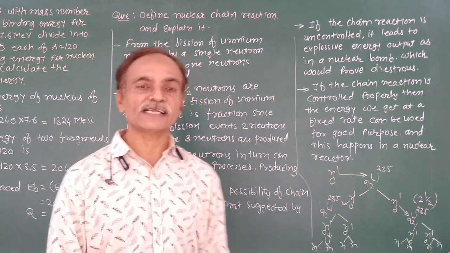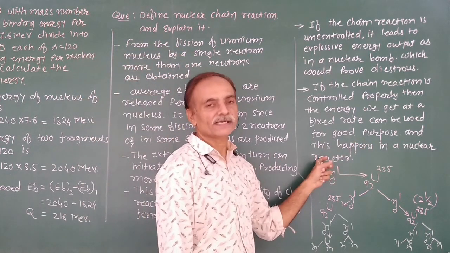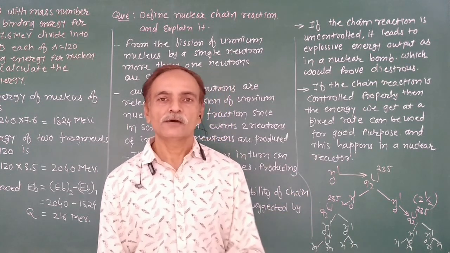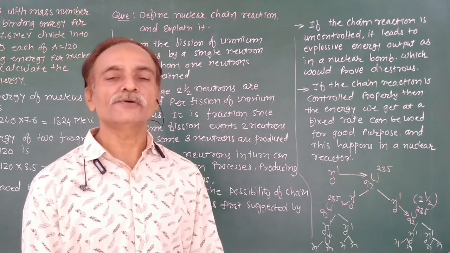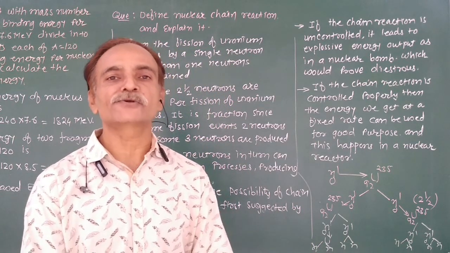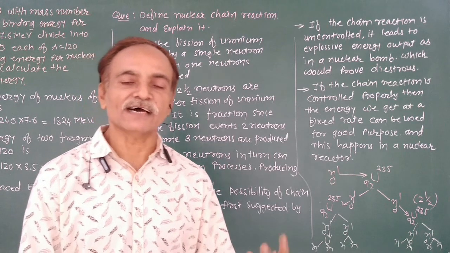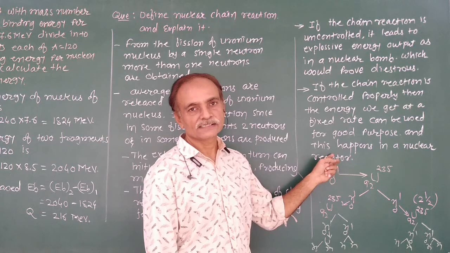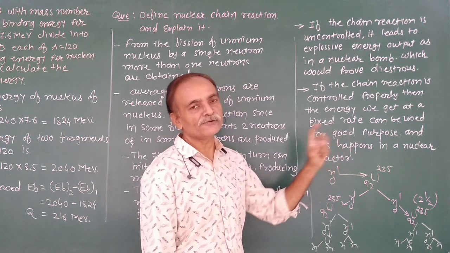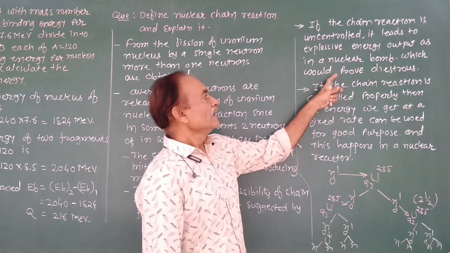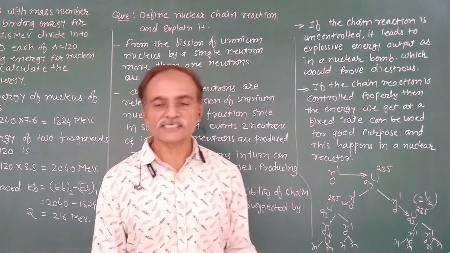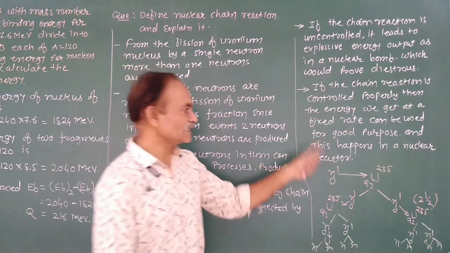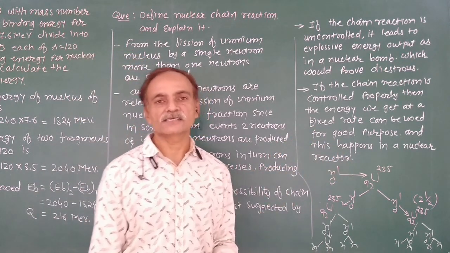At present, we obtain electricity with the help of the nuclear reactor, where the nuclear chain reaction takes place in a totally controlled manner. If it is uncontrolled, a nuclear bomb happens, and a massive destroyer is produced because there is no control of this process.